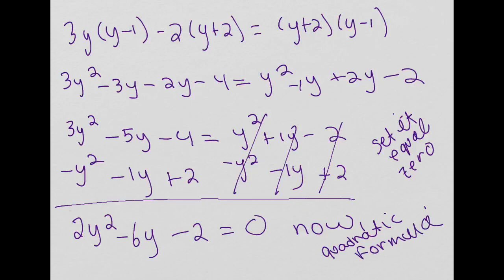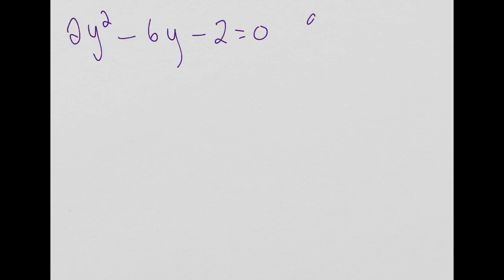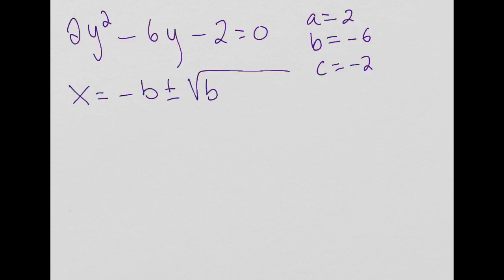So I have 2y squared minus 6y minus 2 equals 0. A is 2, B is negative 6, and C is negative 2. Again, my formula is negative b plus or minus square root of b squared minus 4ac all over 2a.